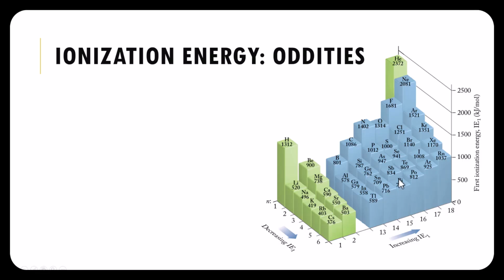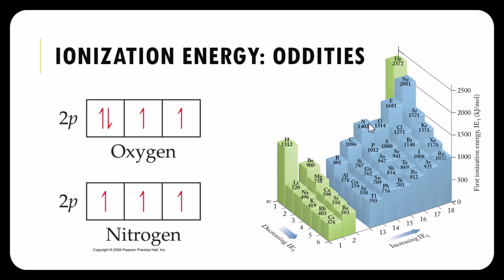Another oddity over here happens right here. So I said left to right. Generally, the ionization energy goes up. But look what happens right here between nitrogen and oxygen. There's this little like whoop dip. If we look at the orbital diagrams, we can actually explain what the cause of that dip would be. So here's the orbital diagrams for nitrogen, and here's the orbital diagram for oxygen. So these are the valence electrons.